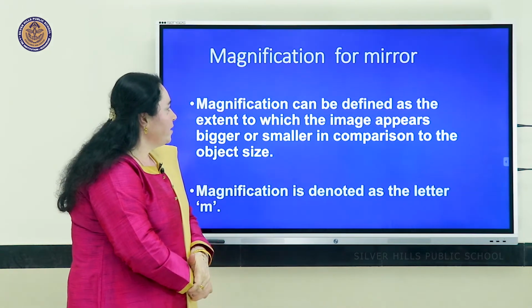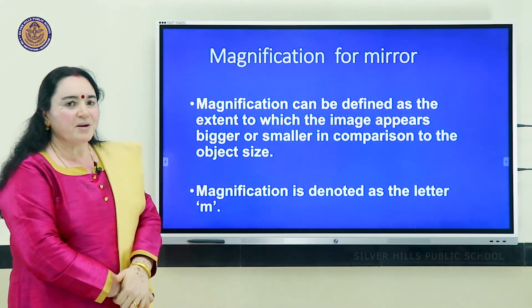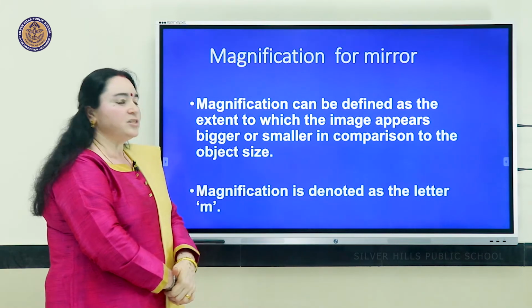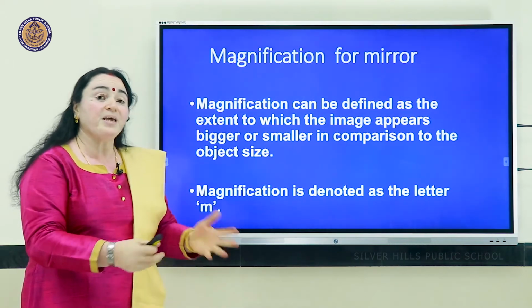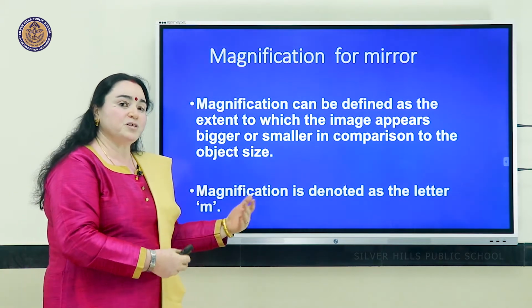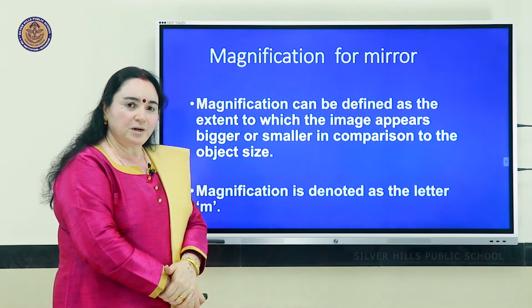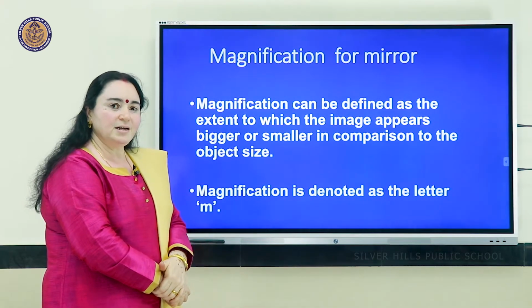Now, magnification of mirrors. Magnification is defined as the extent to which an image is bigger or smaller with respect to the object. Magnification is denoted by a small letter m.